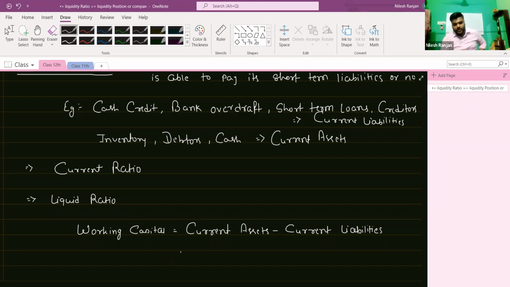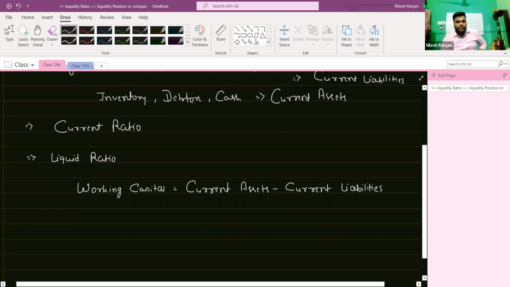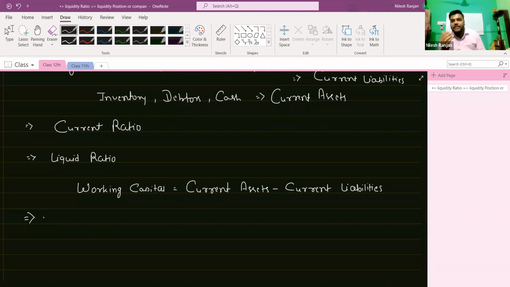Now we will talk about current ratio. What is current ratio? Current ratio is the relationship between current assets and current liabilities of a business. It shows how much difference there is between the current assets and current liabilities of a firm. So we present the current ratio in pure ratio form.